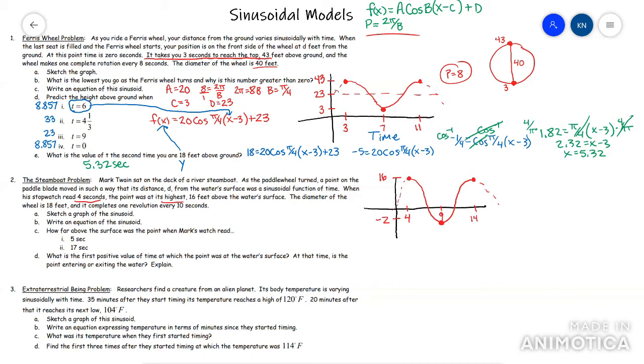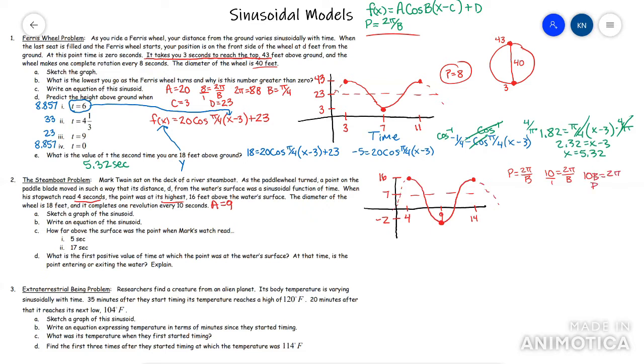Now you have to go get all the A, B, C, D. So the midline here would be 7. Up 9, down 9. So let's just go ahead and look at it. Your amplitude is 9. The B value, this is the tricky part. You know the period is 2 pi over B, right? Well, the period they told you is 10 seconds. Make it 10 over 1, cross multiply.